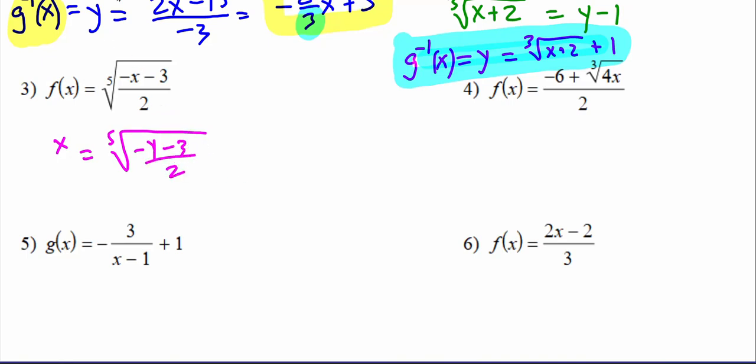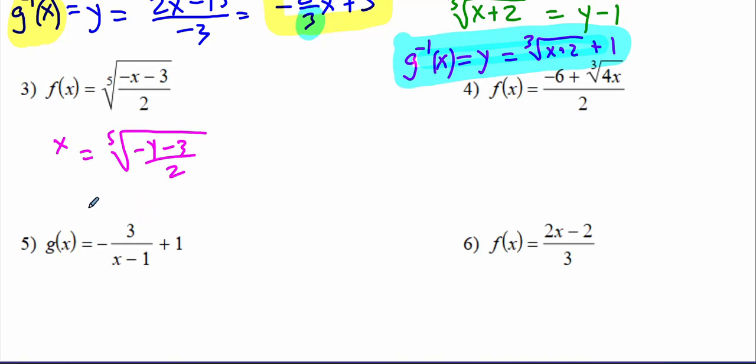And now, doing the order of operations properly, I'm going to take the fifth power of both sides. That's going to get rid of this fifth root. Then I'm going to multiply by 2, then add 3, and then multiply by negative 1. Just by looking a little bit ahead, for space's sake, I might just do the whole thing in my head.